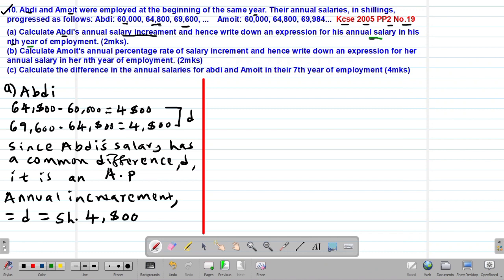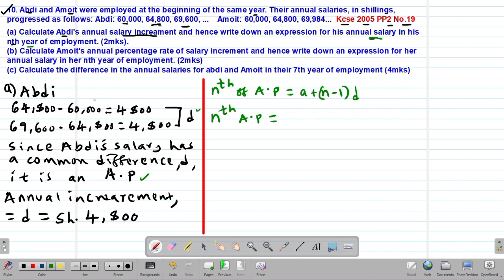Because we have already determined that this is an AP because of the common difference between the consecutive terms, the nth term of any AP is always given by A plus n minus 1, multiplied by the common difference.